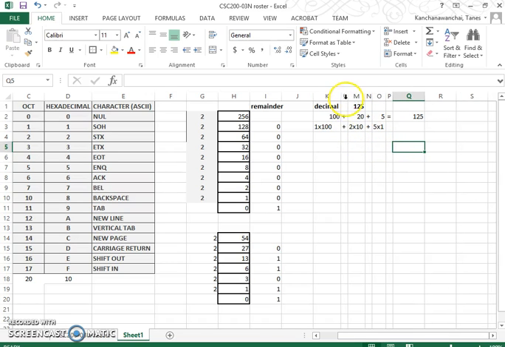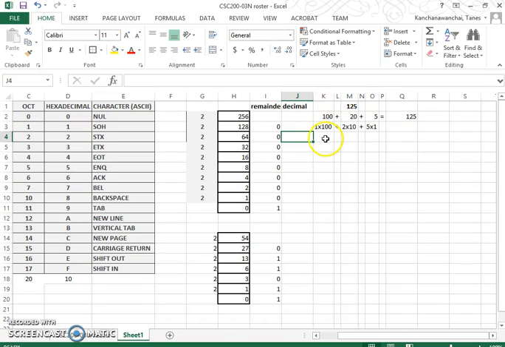And we just break it out into the terms of one times 100, 2 times 10, 5 times 1. I will get 125.